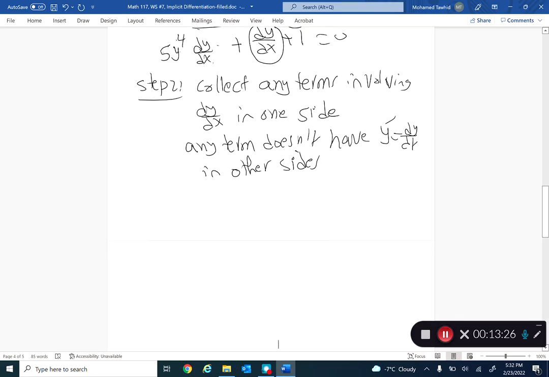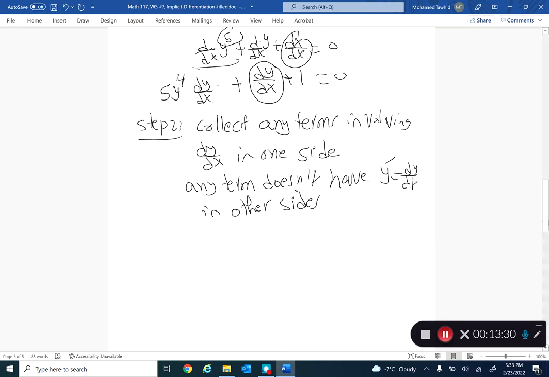So here I try. Look what you have. I have dy by dx here. I have dy by dx here. So this term, that's one term, has dy by dx. The second term has dy by dx. But this term here does not have dy by dx. So I take this term to the other side. I leave any term involving dy by dx on one side.